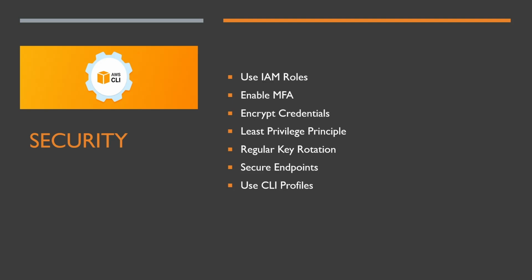So you want to assign IAM roles to your resources rather than giving them long-term access keys. And that's going to minimize the risk of credential exposure. You may also want to use temporary security credentials that are provided by IAM roles, which would be automatically rotated and would have a shorter lifespan.